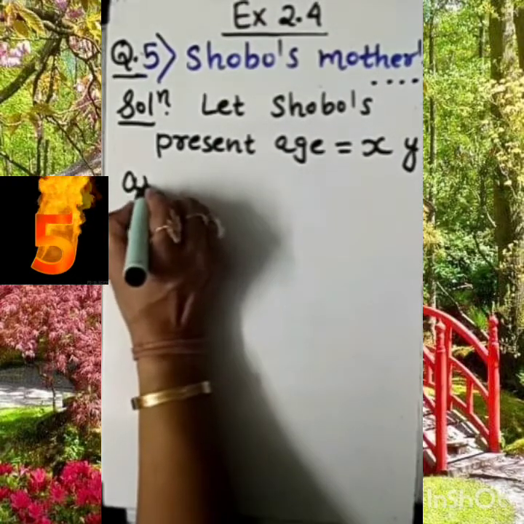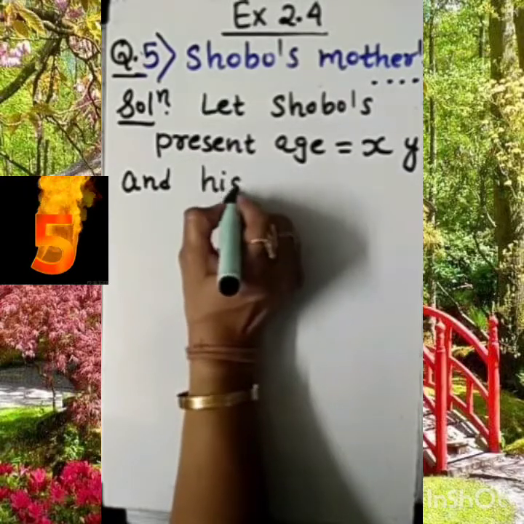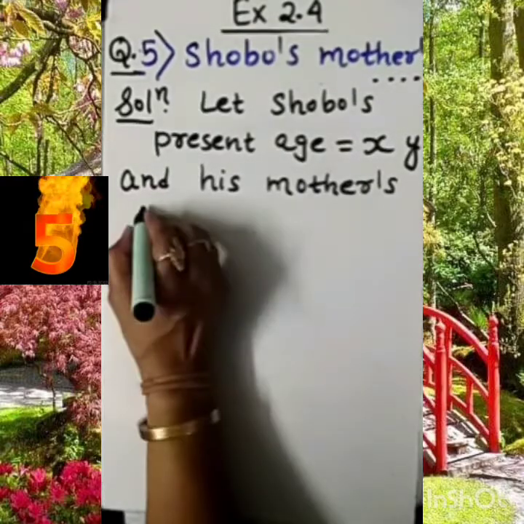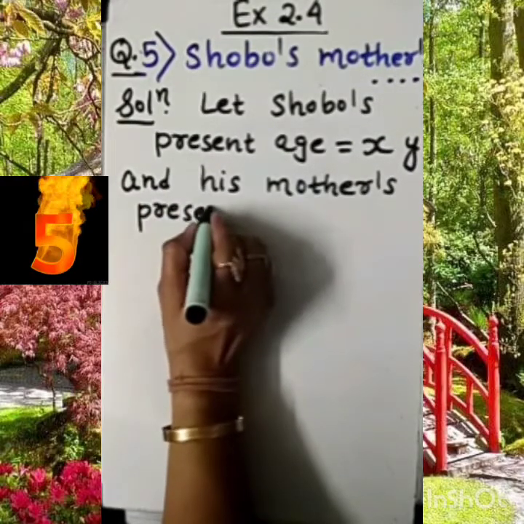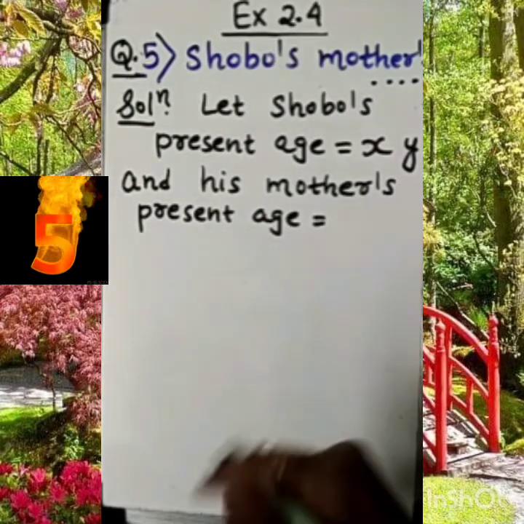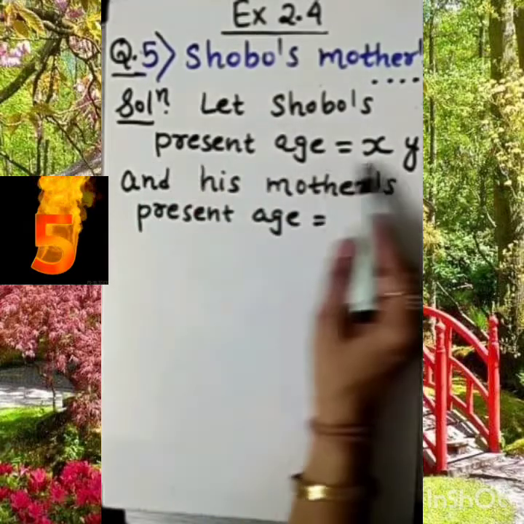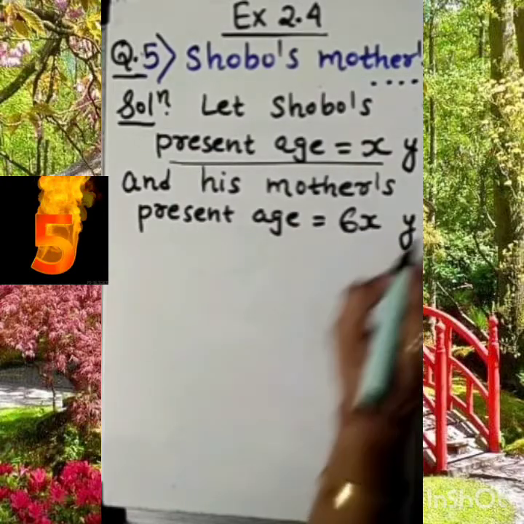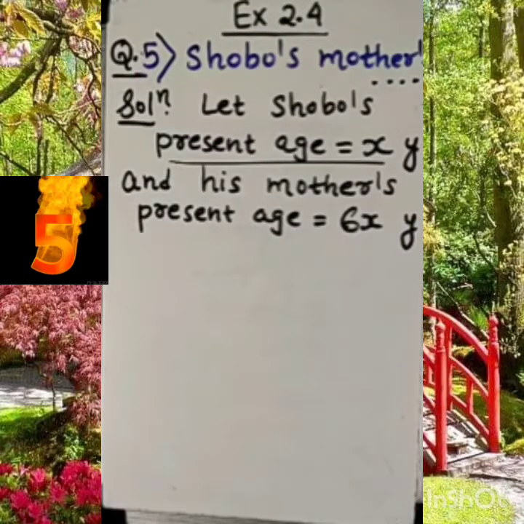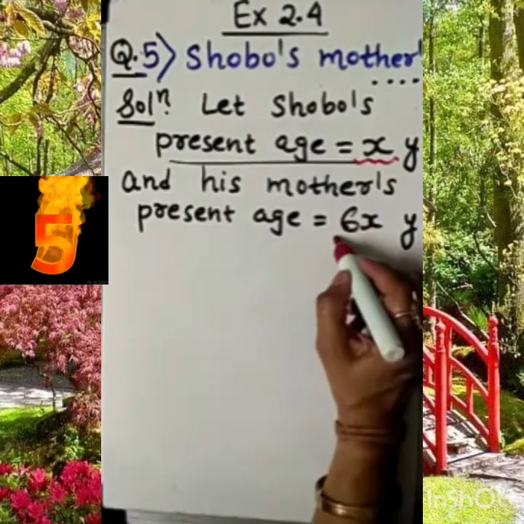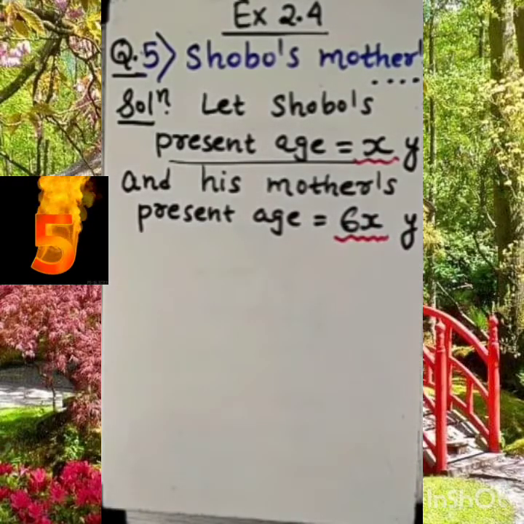And his mother's present age, what should we consider for that? Here it is given as 6 times Shobo's present age, so it will become 6x years. Agree? So Shobo's present age is x years, and the mother's present age is 6x years. Clear to you?